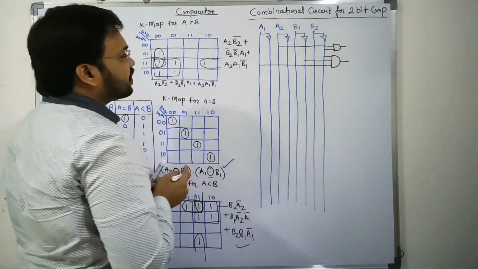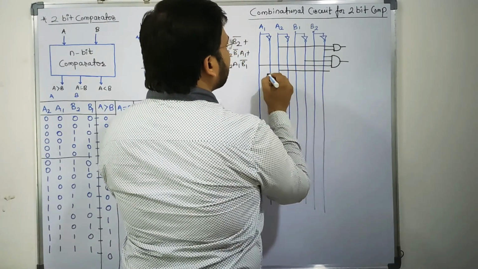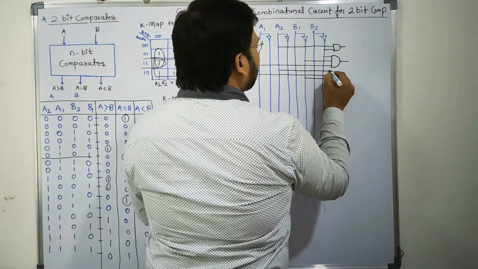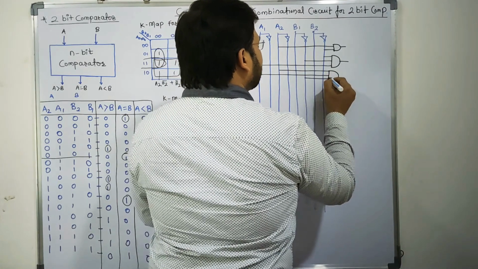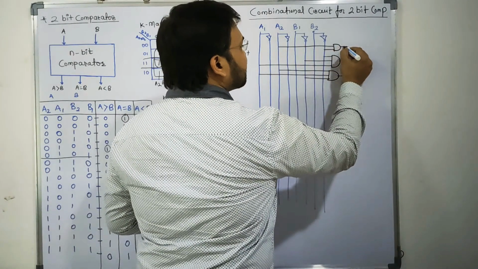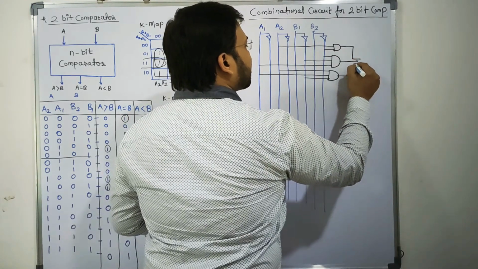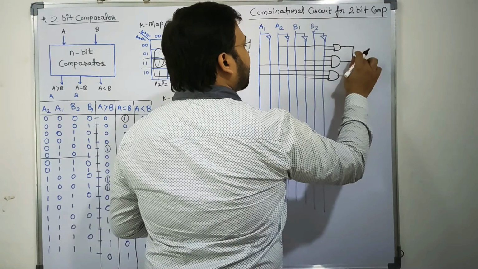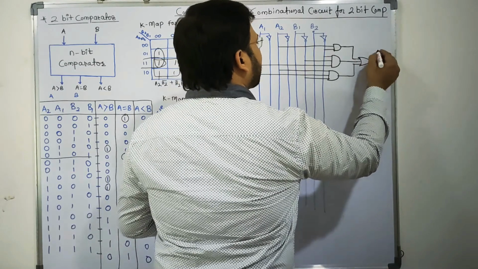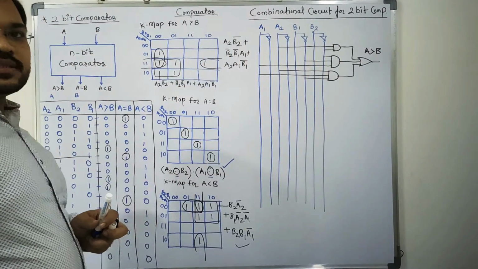Next A2, A1, B1 bar, one of the AND gates from this. Because of the OR function, we connect them to an OR gate. So this is your A is greater than B.